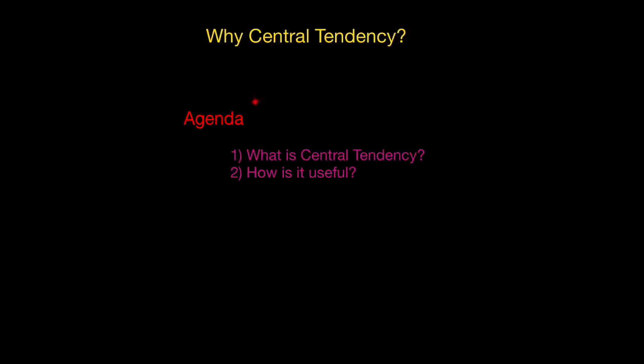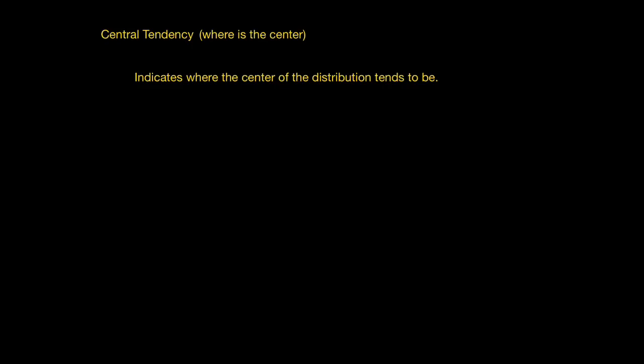So today for the agenda, we're just going to have a deeper understanding of the three measurements we were calculating yesterday. Central tendency basically refers to where the center is. It indicates where the center of the distribution tends to be.